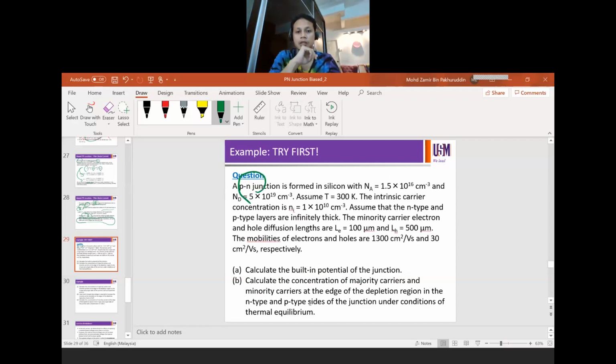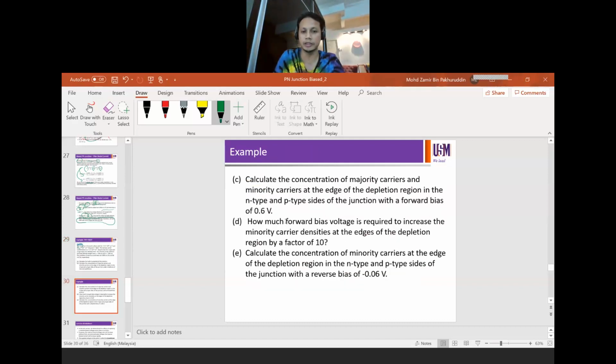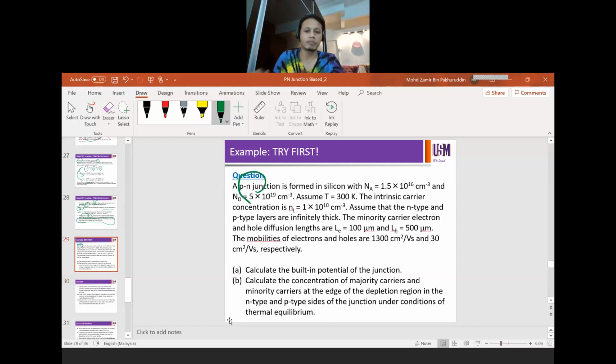This is on PN junction, majority carriers calculation, minority carriers calculation, and also VBI calculation, including the bias: positive bias and negative bias, forward bias and reverse bias. Please go back and try, and we'll discuss tomorrow.